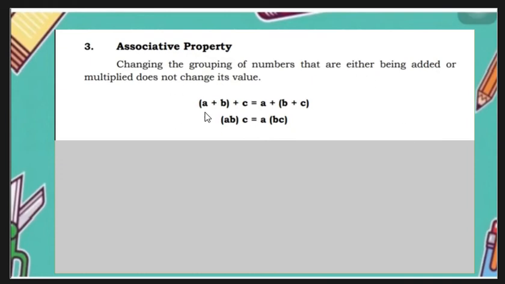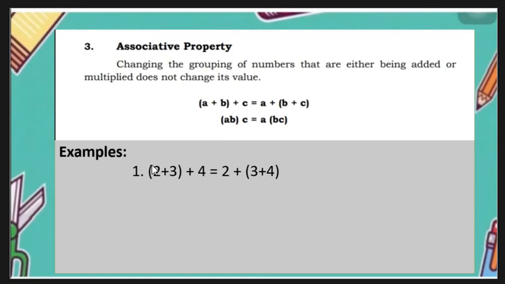Just like this one, we have the quantity of A plus B plus C, or A plus the quantity of B plus C. Another one, we have the multiplication. We have the quantity of A times B times C is equal to A times the quantity of B times C. For example, we have this one.